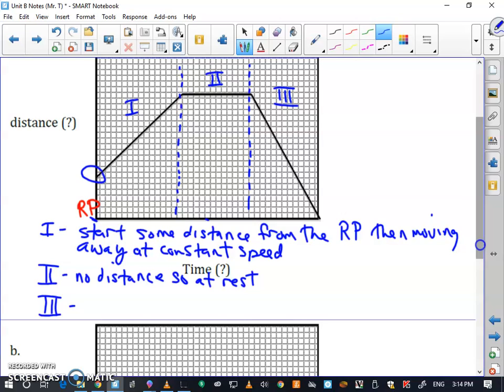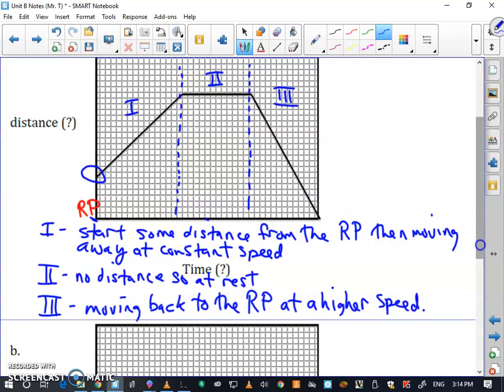That's what's happening because the line's steeper, okay? So steeper line than part one, so we're moving back to the reference point at a higher rate of speed. Or just simply higher speed.